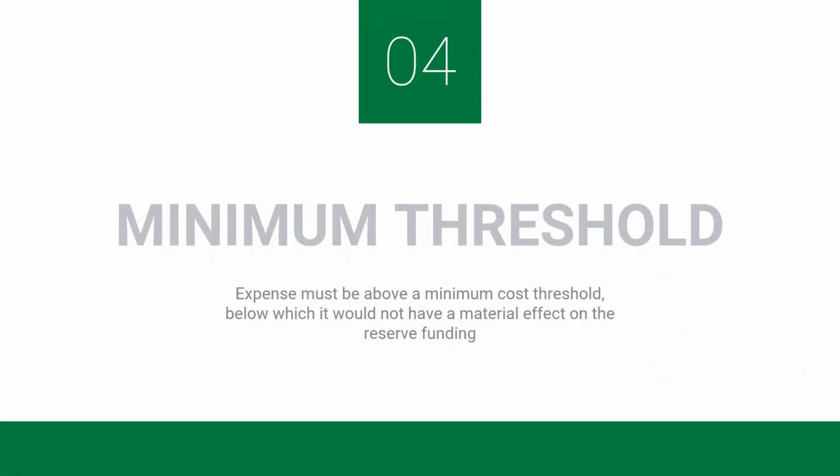And the final part of this four-part test is this concept of a minimum threshold. What this is accomplishing is, the dollar amount of this minimum threshold is specific to each community. So a huge HOA that has a $3 million annual budget, the threshold is going to be higher than the small 60-home HOA that has a $40,000 annual budget.